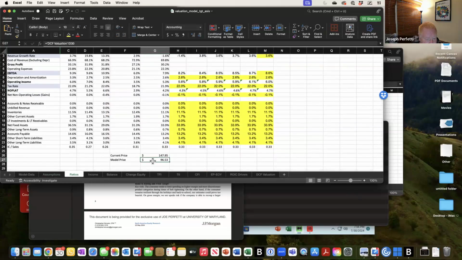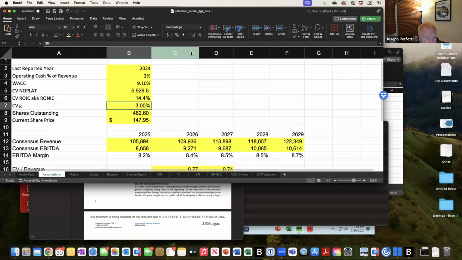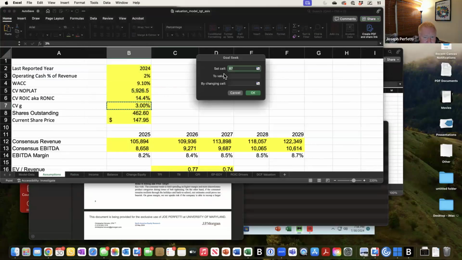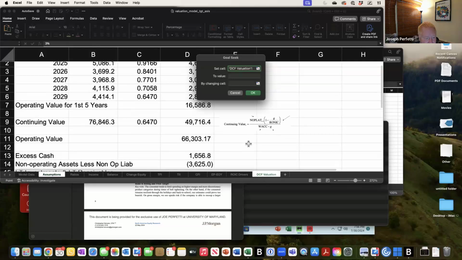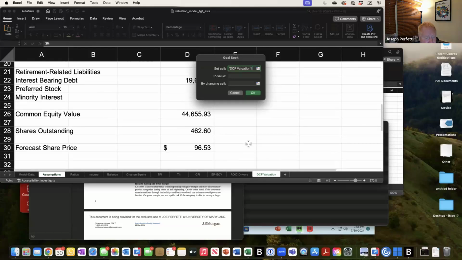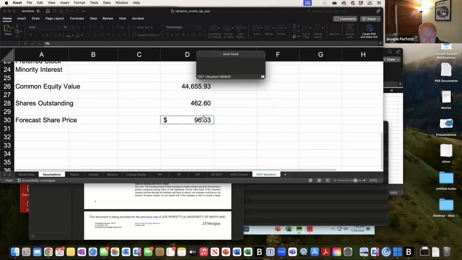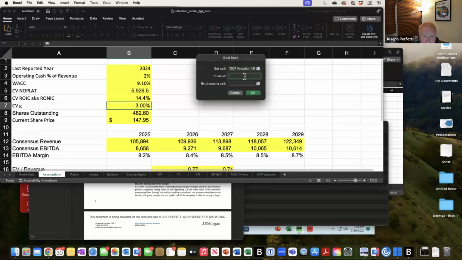The model's 96.53. So the G is obviously higher than 3%. So that's where I'm going to goal seek. So tools, goal seek. I'm going to set in the DCF my valuation of forecasted share price, D30, the valuation tab, to the current share price, which is 147.95.